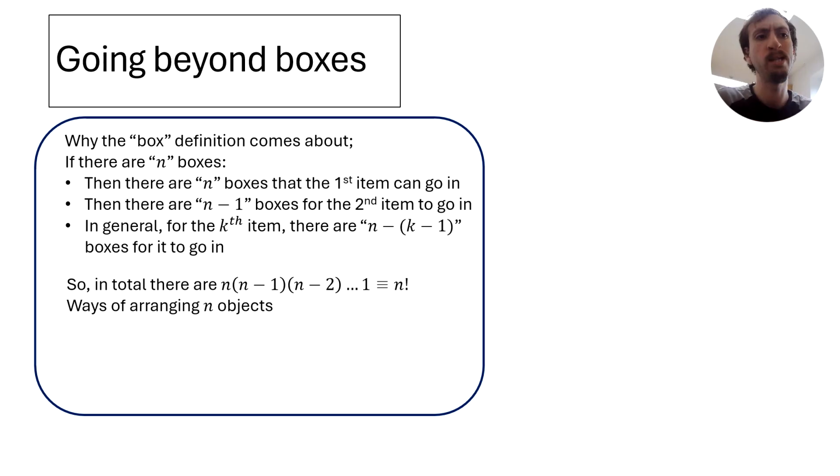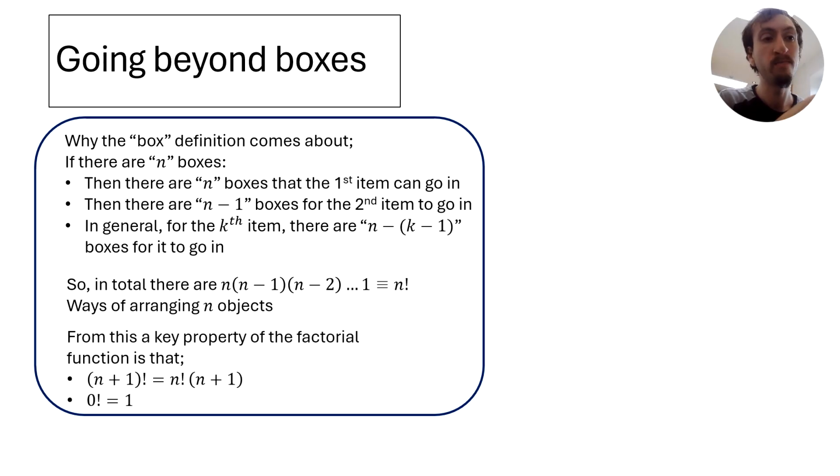Now, I'm not going into this in too much depth, because this definition of factorial is something you've probably seen before. But what it does introduce is a very important property of the factorial function, and that is that n plus 1 factorial is equal to n factorial times n plus 1.